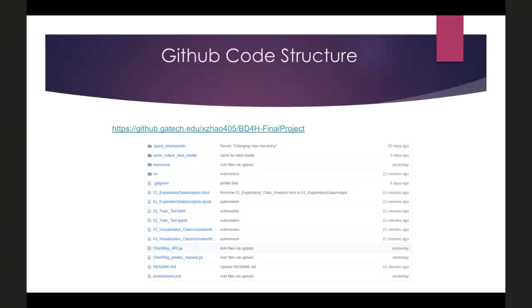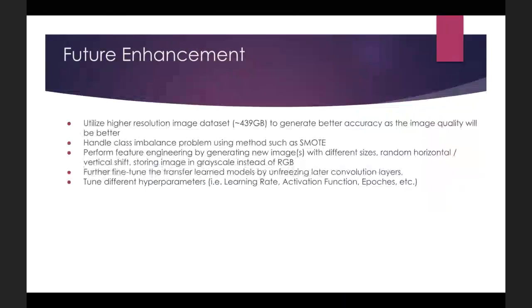So these are the future enhancements. If we had more time, or if we redo this project, we would try to use the higher resolution image dataset, which contains images of higher quality. Secondly, we would try to handle the imbalance problem using methodologies like SMOTE, and also do some feature engineering.